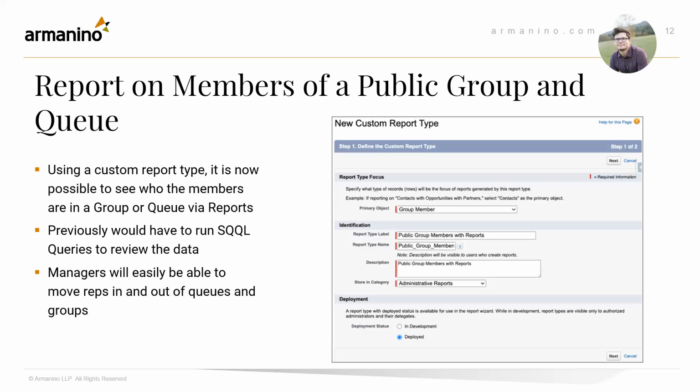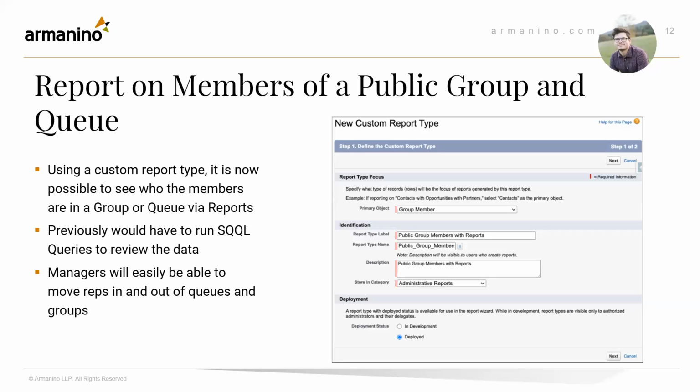Great. We do have a question regarding this. I think it might already be mentioned, but what can be the use case for reporting on groups and queues? What are the benefits? Managers move reps in and out of queues, and they can use the admin-created report to check the current memberships of the queue, so see who's a part of each queue.